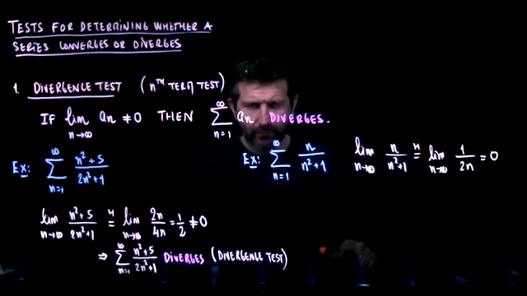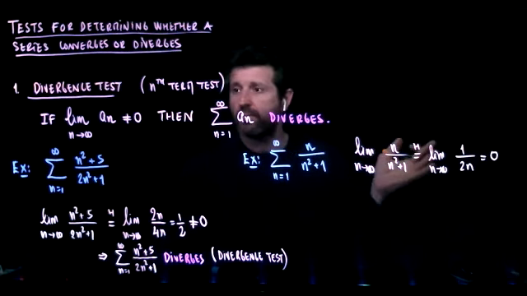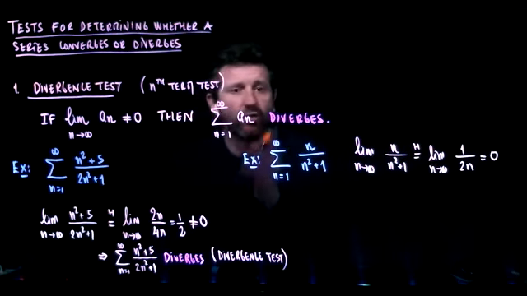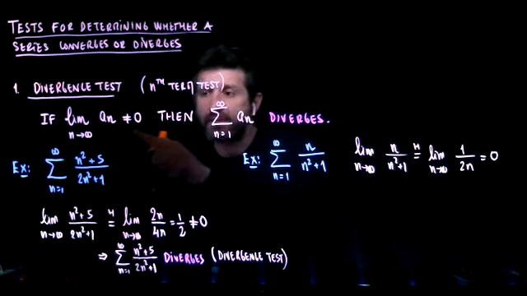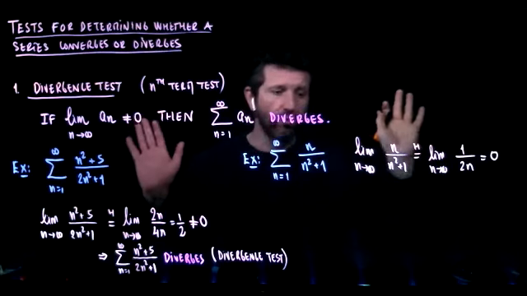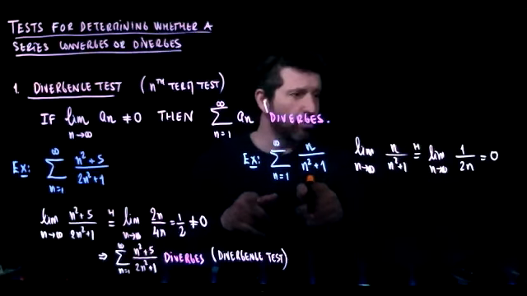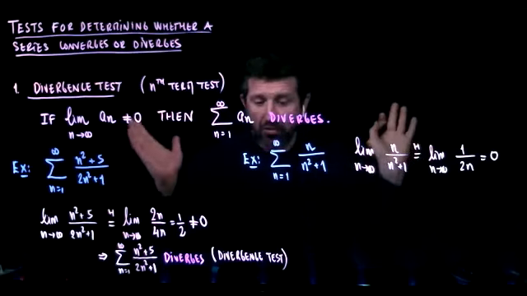It converges? Did I say that it converges? Nope. Did I say if it's equal to 0, it converges? Nope. I said that if it's not 0, it diverges. If it's equal to 0, I don't know. It could still converge or diverge. By the way, this one diverges, but I don't know that from this.